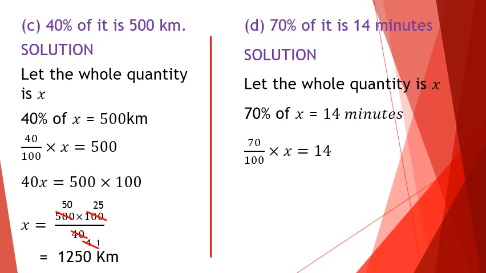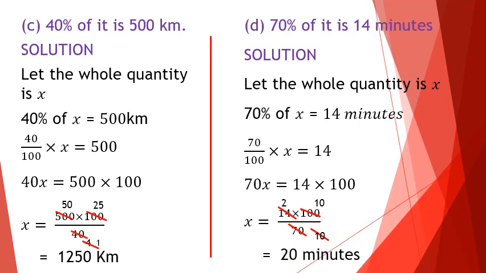That means 70x upon 100 equals 14, or 70x equals 14 multiplied by 100, or x equals 14 into 100 whole divided by 70. While cancelling 70 and 14, divide by 2 and 7, you will get 2 and 10. Again, you can cancel 10 and 100, so the denominator becomes 1 and the numerator becomes 2 into 10 equals 20 minutes.